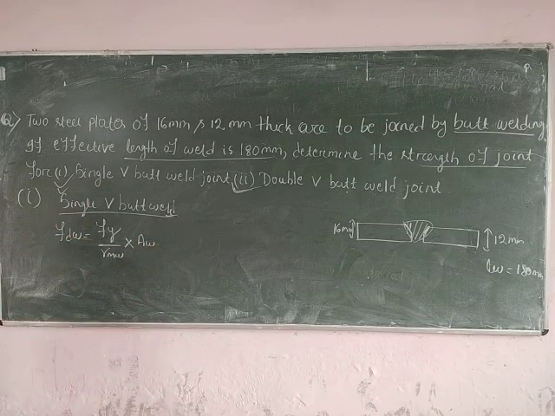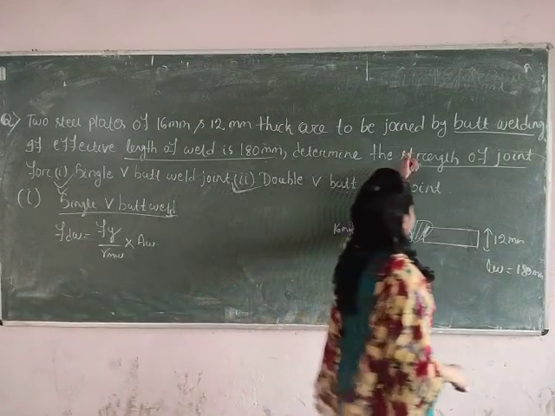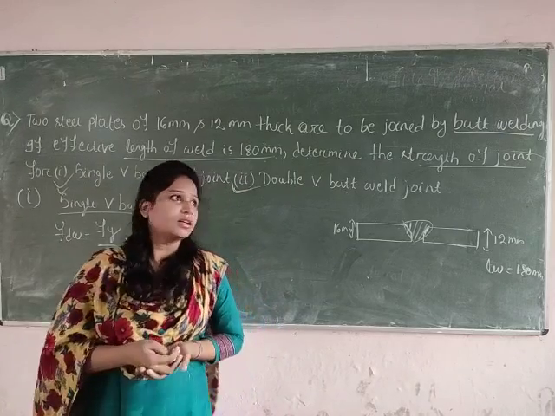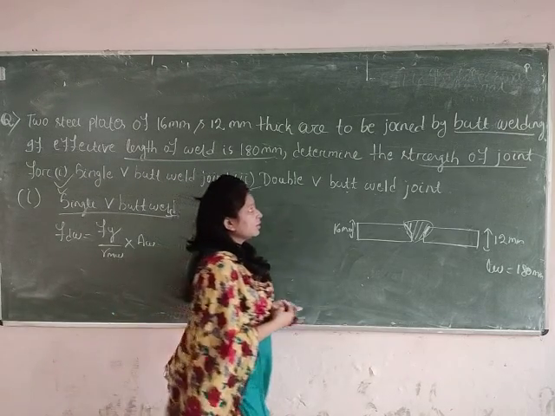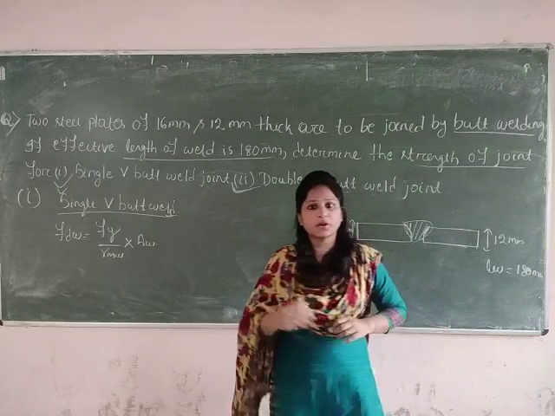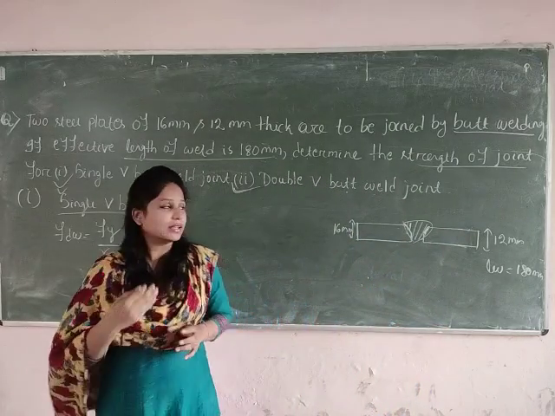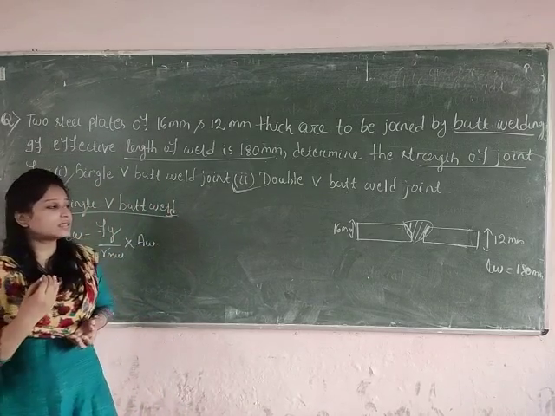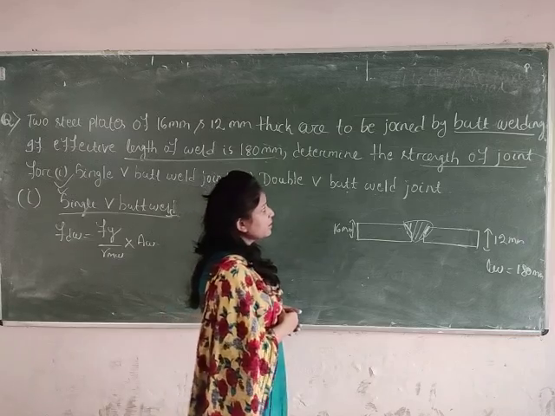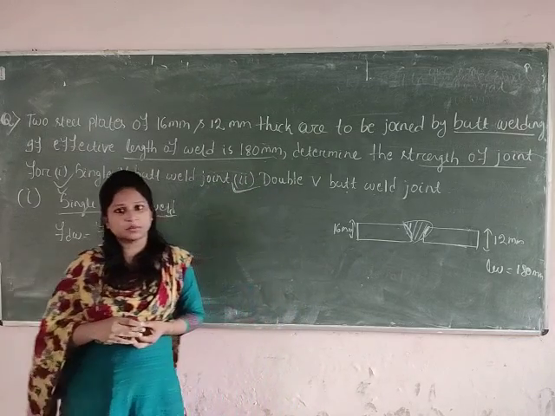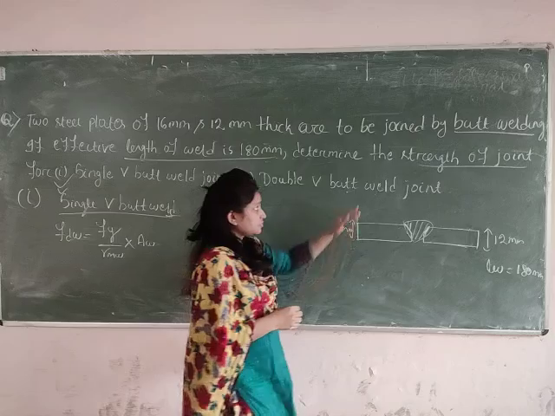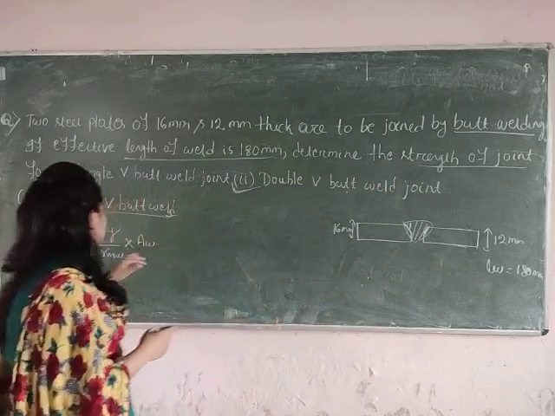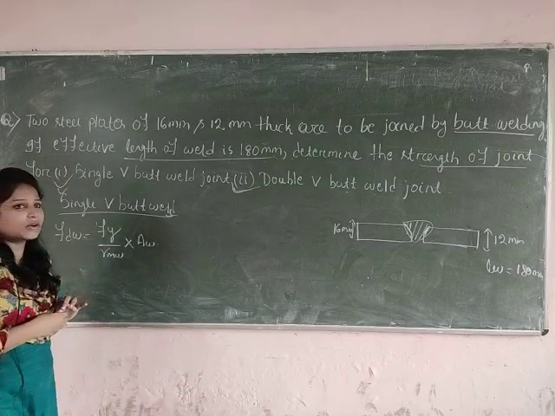Here it is asked to calculate the strength of joint, and in the last class I have already discussed that in case of welded connection, to get the strength of joint we need to calculate the strength of weld. Here there is no rupture failure of the plate, as there are no holes at the joint, so there is no need to calculate the rupture strength of the plate. So here the strength of joint means strength of weld, and we will calculate the strength of weld only.